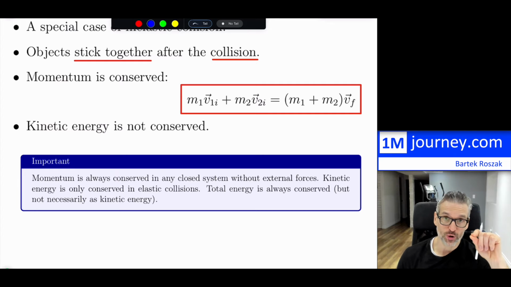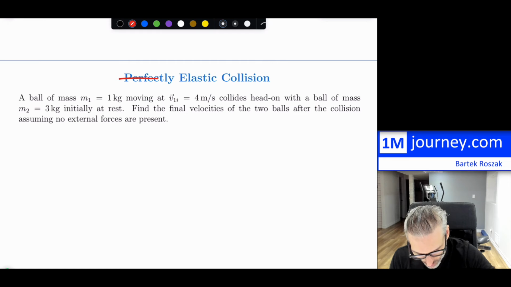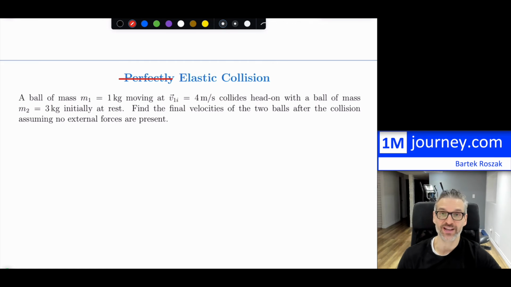The total energy, just like the total momentum, is always conserved, but not necessarily as kinetic energy. It can transform into many other forms of energy. Here's the perfectly elastic collision. The word perfectly is really unnecessary, but it does pop up in textbooks, so I'll just say elastic collision for the moment.